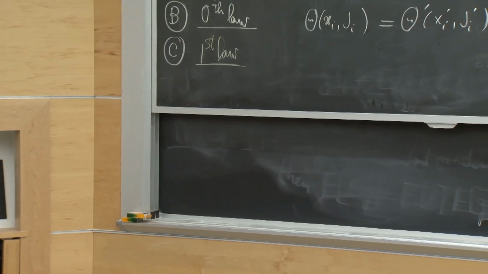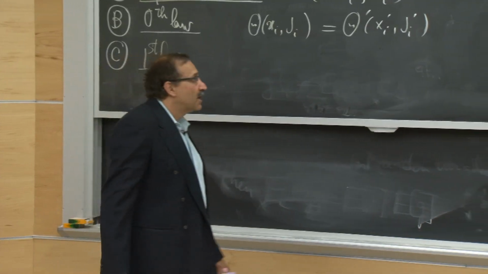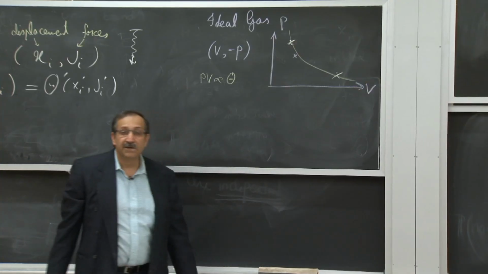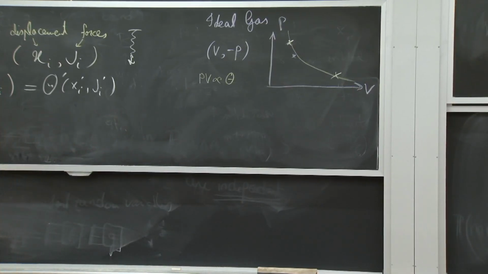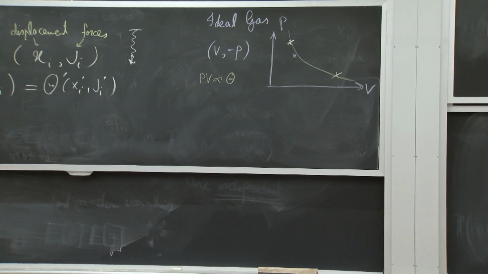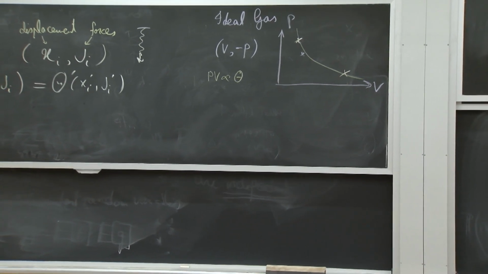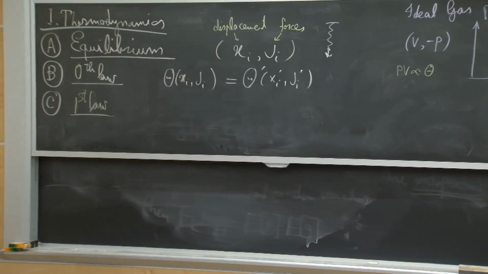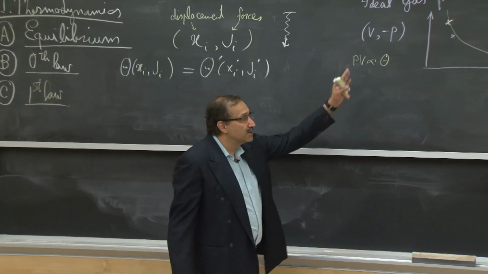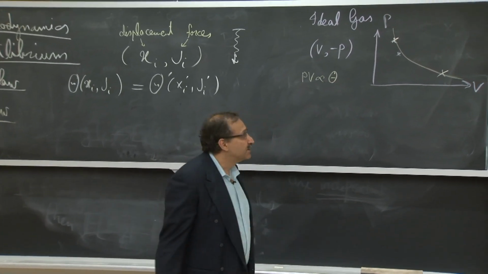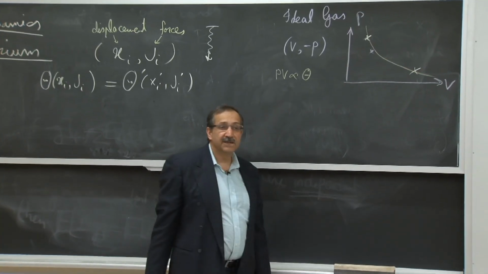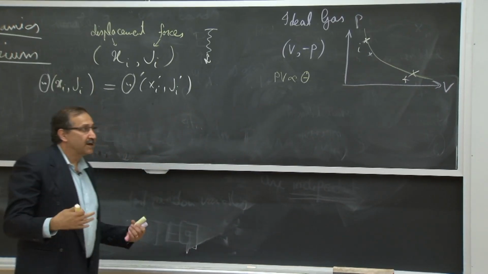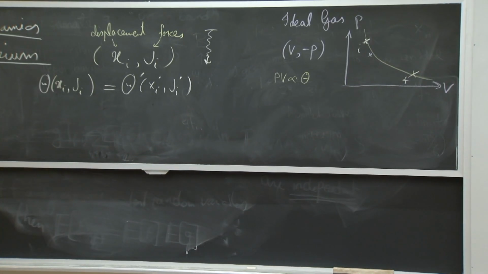And we found that if you take the system from one location in its coordinate space to another location, and do it in a manner that does not involve the exchange of heat, so basically you idealize this and isolate it from any other source, then the amount of mechanical work that you do is only a function of the initial and the final states, and does not depend on how you supplied the work.